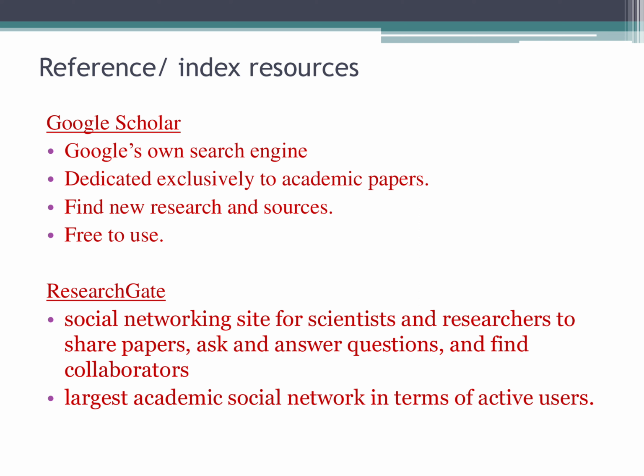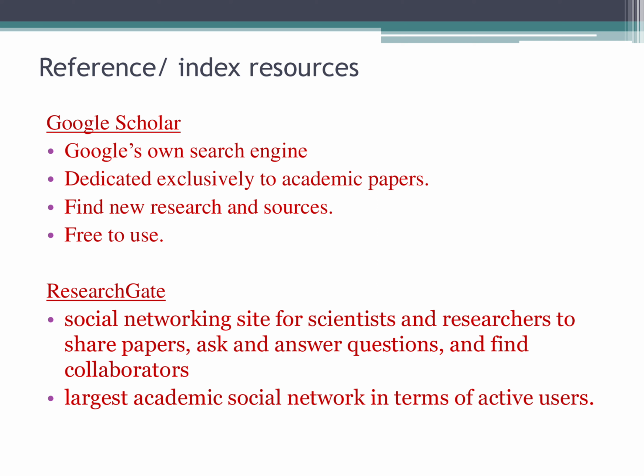ResearchGate is also another important reference resource like Google Scholar, but ResearchGate, I think, is not free to use. You need to get an account on it before you use it properly. It is a social networking site for scientists and researchers to share papers, ask and answer questions, and find collaborators.